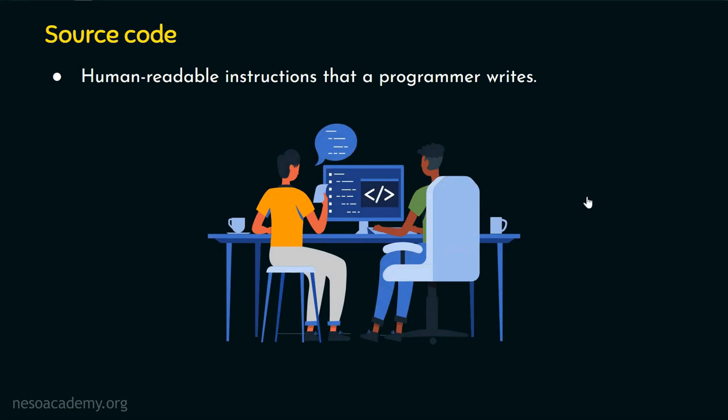Simply put, this is the code which is written in a programming language such as Java, Python, C, C++, JavaScript, and so on and so forth. We learned a similar thing previously in the programming language part, and specifically under high-level language. So usually when people talk about programming languages, what they are referring to is languages which are used to write source code. So we understood what we mean by a source code.